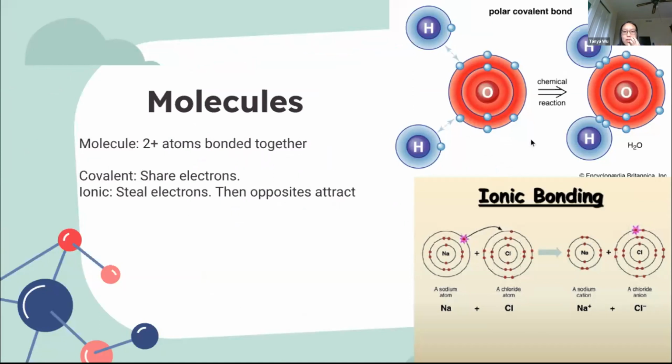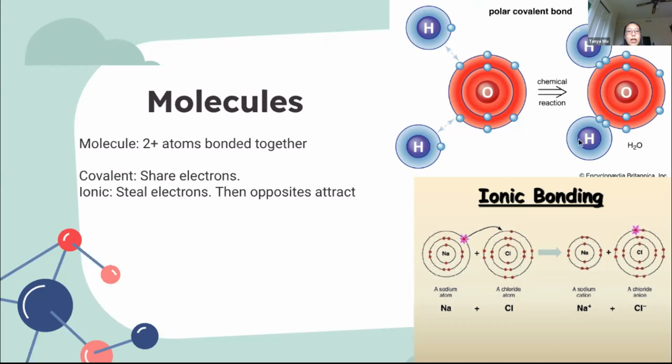As you can see in the diagram on the right side, hydrogen and oxygen will try to share the electrons so that they both have a full shell. Like oxygen, before it only had 6, but now it has 8. And hydrogen, before it only had 1, now it has 2.